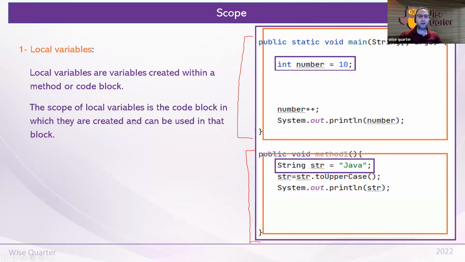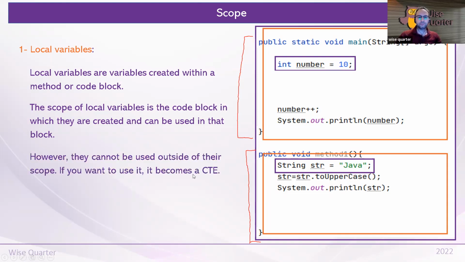Yes, local variables can be used in the created method. If they are created in a method, they can only be used in that method. When you try to use them outside of the scope, I mean the method, it will be compile time error. For example, here, if you try to print the value of str, which is created in the other method, it will compile time error.